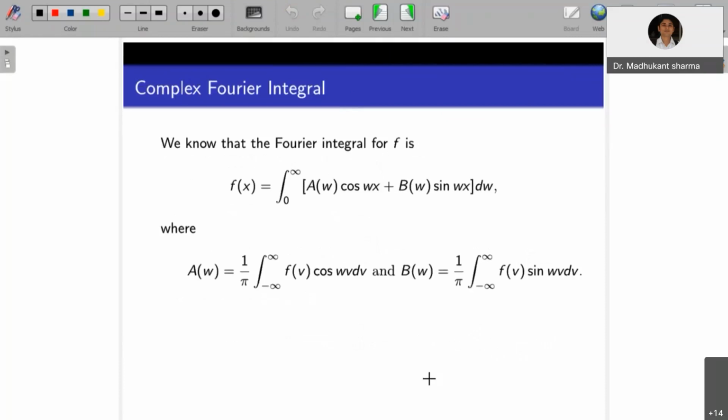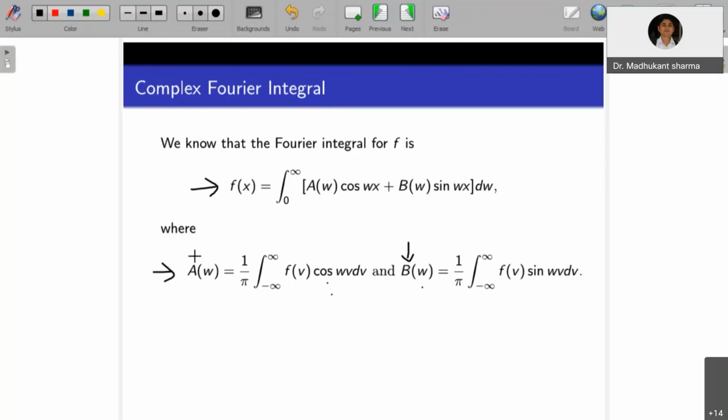So we have the following Fourier integral representation of f. Now we are going to define the Fourier transform of a given function f, where the Fourier coefficients a of w and b of w are given by the following formulas. Now you substitute a of w and b of w here.